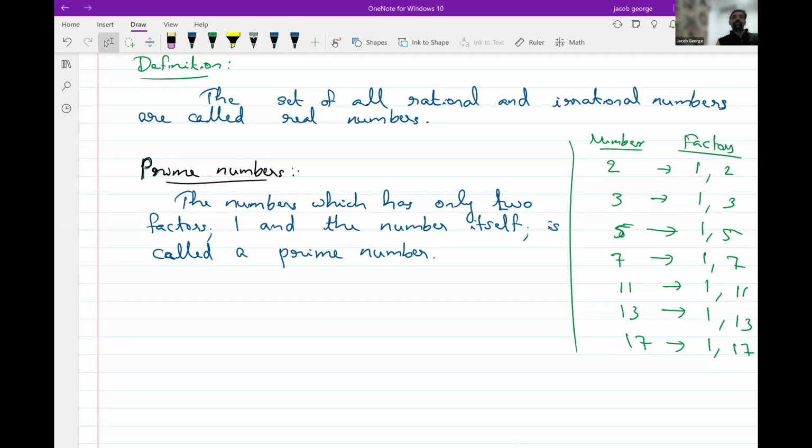The number which has only 2 factors, 1 and the number itself, is called a prime number.